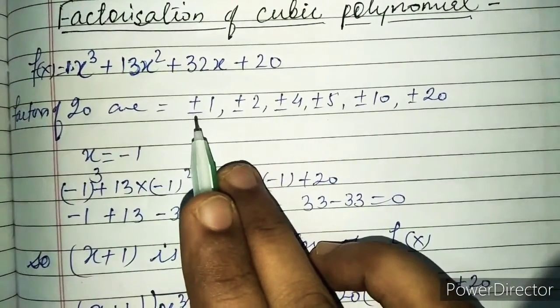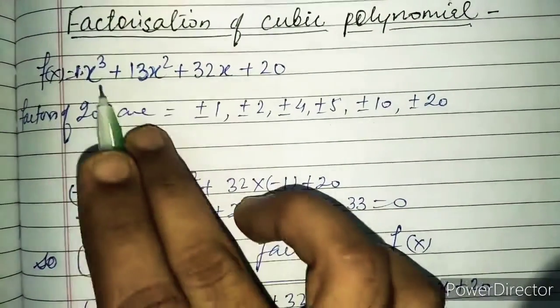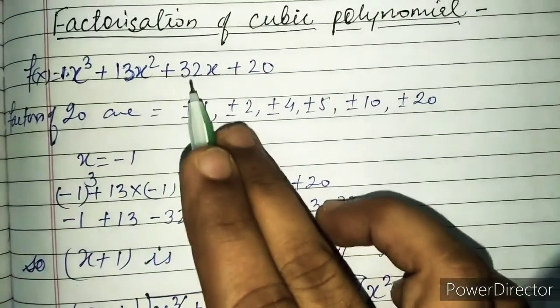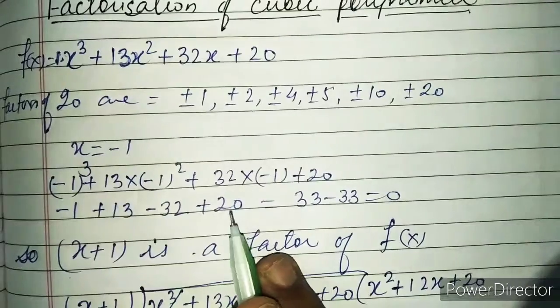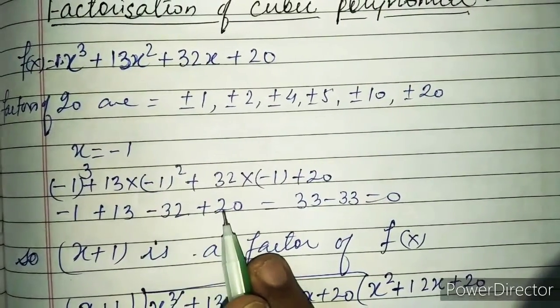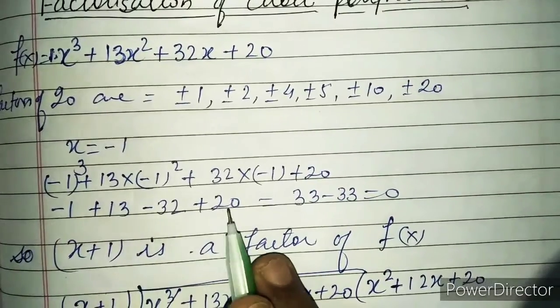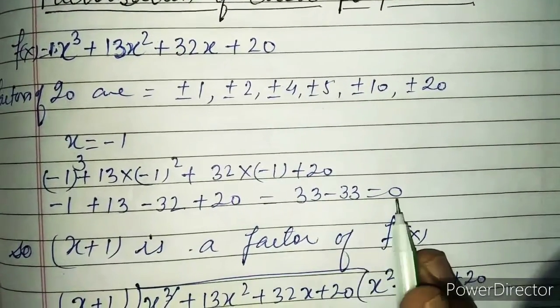Take minus 1. If we take x equal to minus 1 in the given polynomial, it will become minus 1, plus 13 into minus 1 square, that is 13, then 32 into minus 1 becomes minus 32, plus 20. So 13 and plus 20, plus plus add together, minus minus add together, so 20 and 13 make 33, and 32 and 1 make minus 33. This will become 0.